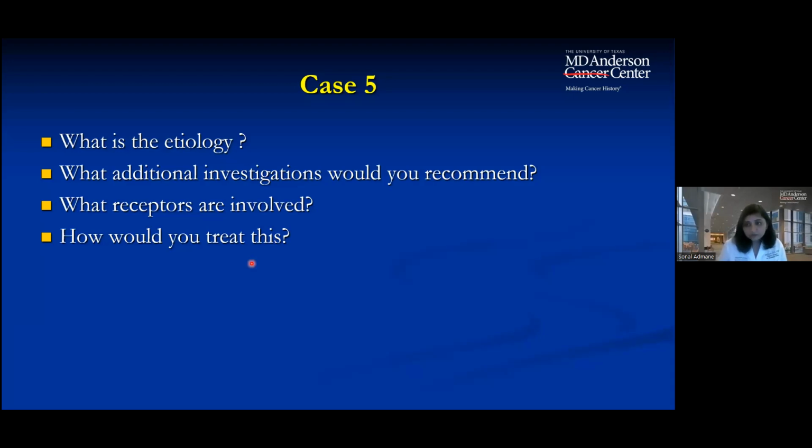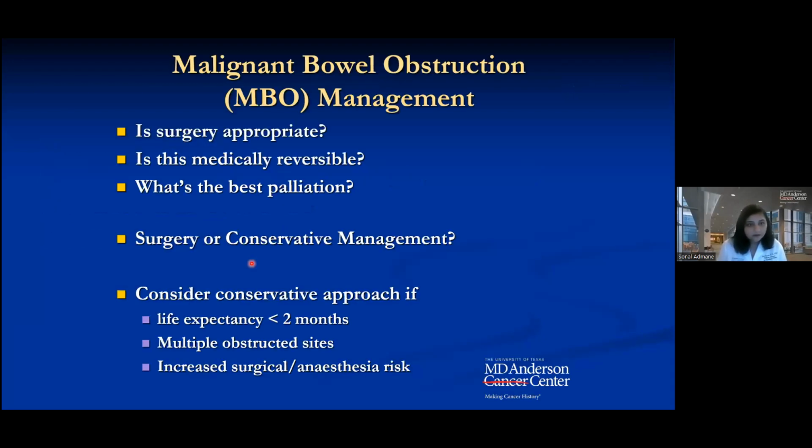Most commonly, the receptors that are involved are dopamine, acetylcholine, and 5-HT3 receptors. So, really, it's a multidisciplinary management when it comes to treating malignant bowel obstruction, with the medical teams, correction of underlying cause, and the palliative care team.